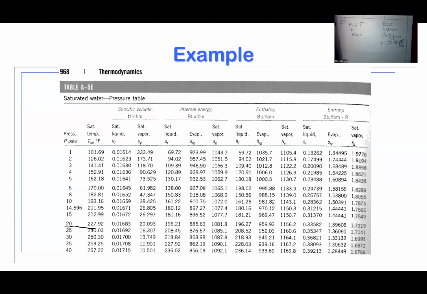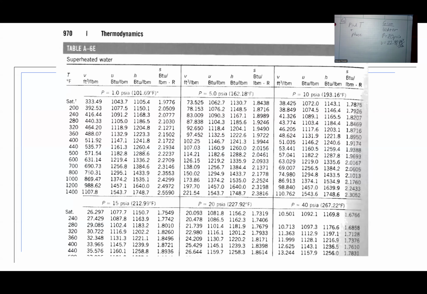So again, you can put your straight edge across the table here at 20 psi. And notice that my specific volume of 22.98 exceeds the specific volume for saturated vapor. So I've exceeded saturated vapor. That puts me in the superheated vapor region. That means I need to go to the superheated vapor tables.